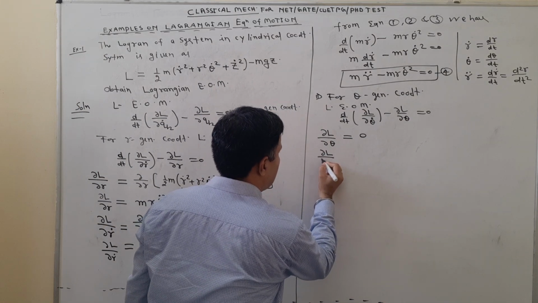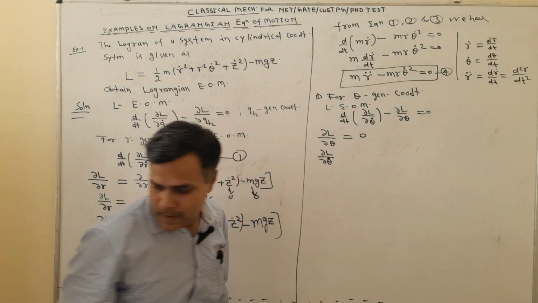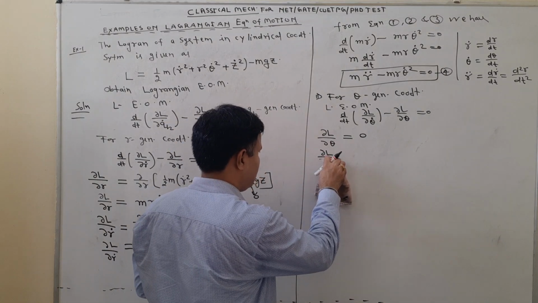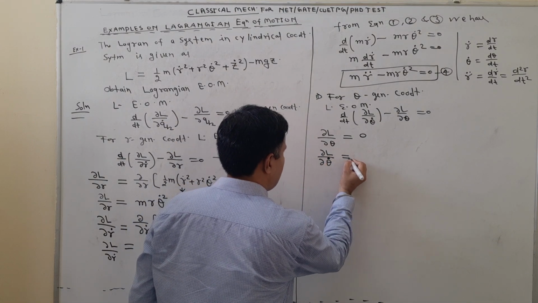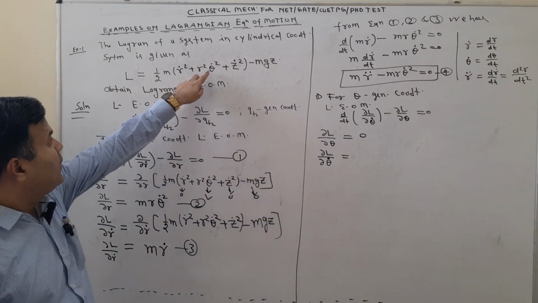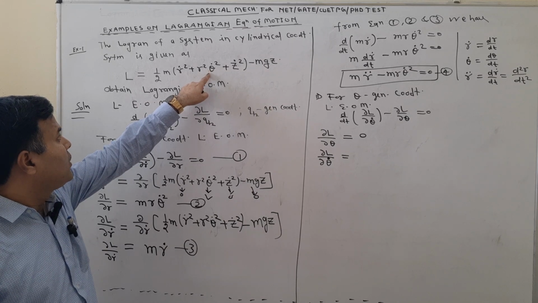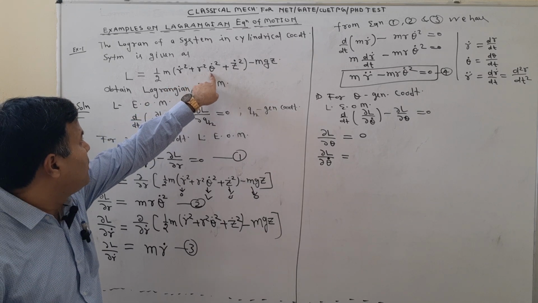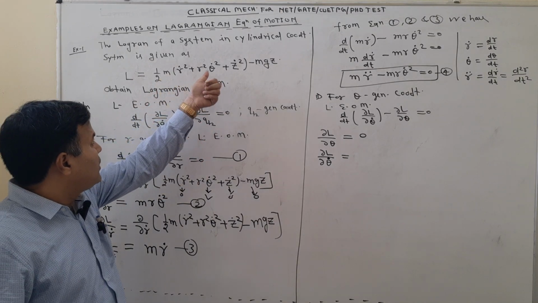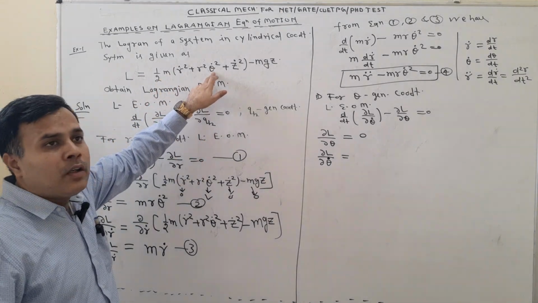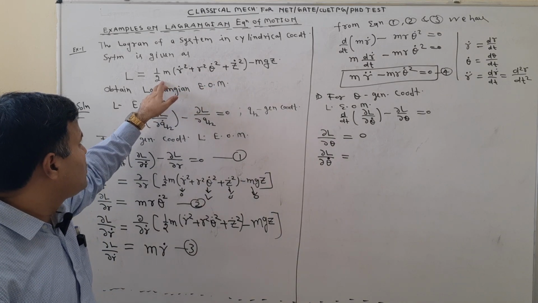What about del L by del theta dot? Because we have a theta dot term in this Lagrangian, if we differentiate partially with respect to theta dot, this will give twice of theta dot r square and the rest will be 0, and this 2 will cancel out.